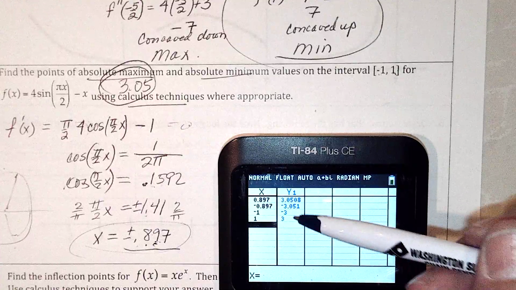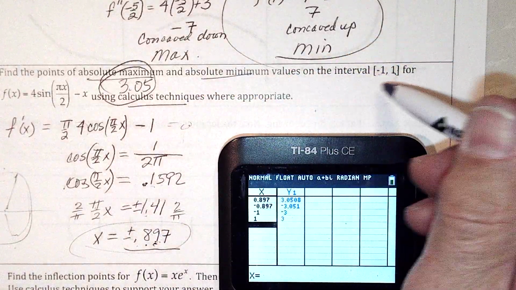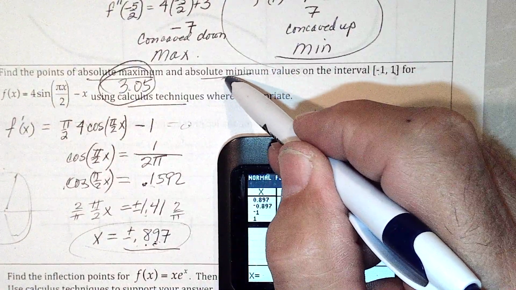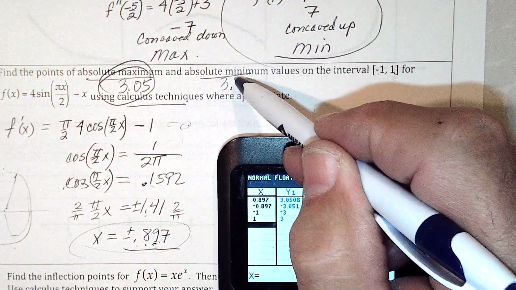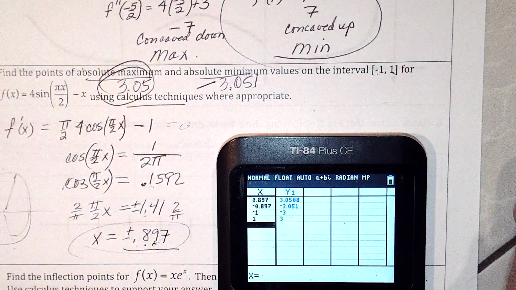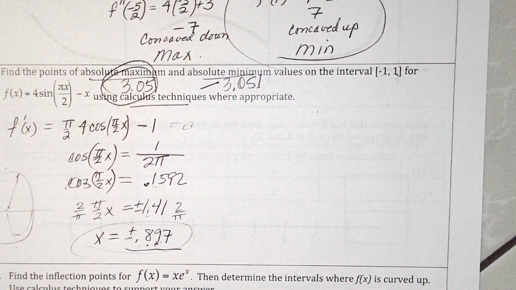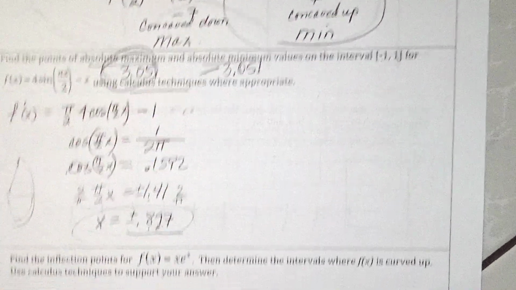And my absolute min happens at the negative 0.897, and it happens to be negative 3.051. This is 3.051 positive. So there's my absolute max and min.